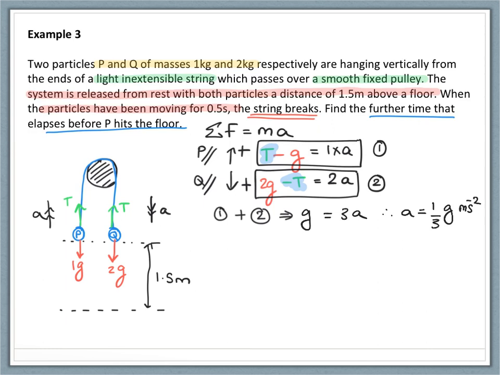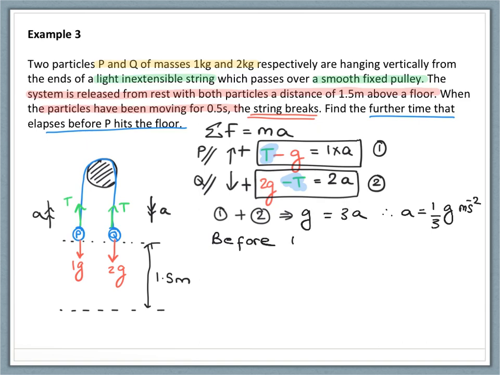So we know that the system will run for 0.5 seconds before the string breaks. So let's start splitting up the motion. You'll notice I haven't calculated the value of the tension because I'm not sure that I'm going to need it. This looks like it's going to develop into a SUVAT problem.